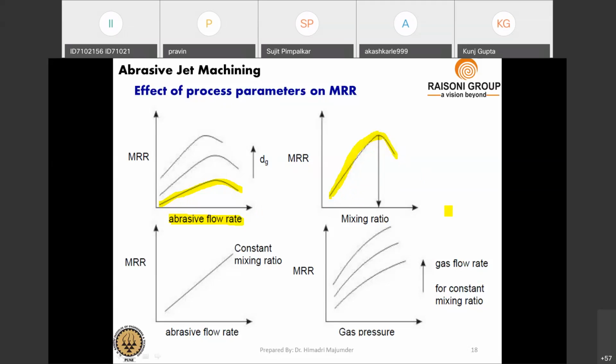This phenomenon can again be described in the same way. If you increase the mixing ratio, the carrier gas velocity will also increase, as well as more abrasive particles will come in the abrasive jet. So in the beginning, more material removal will take place. But after some time, what will happen?